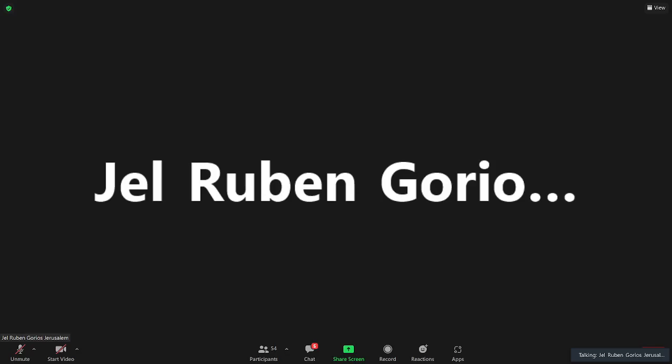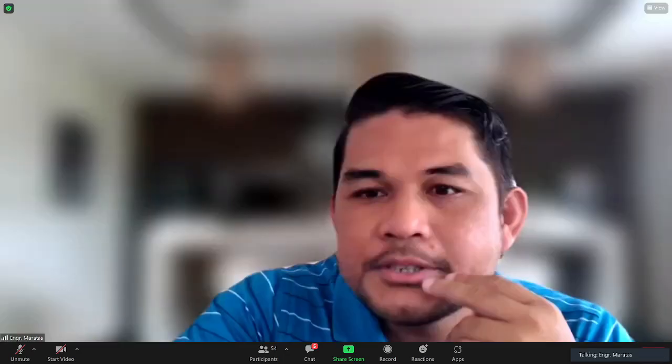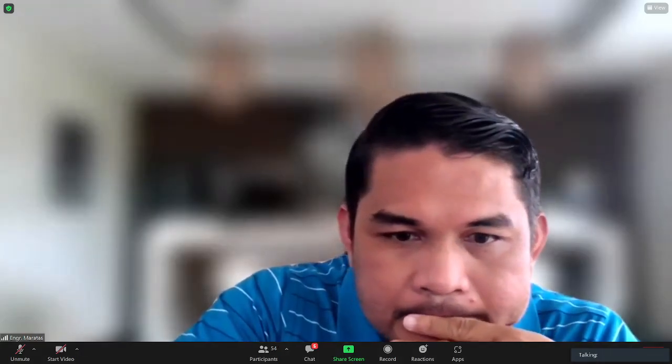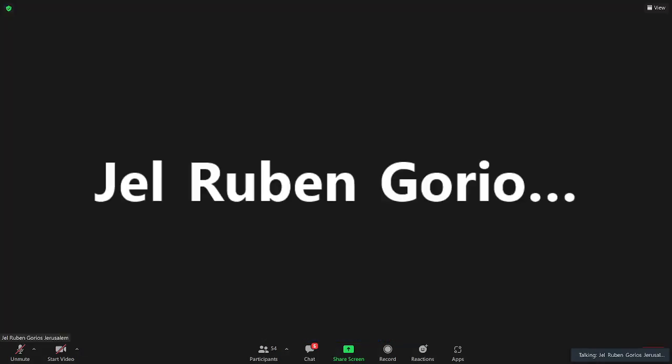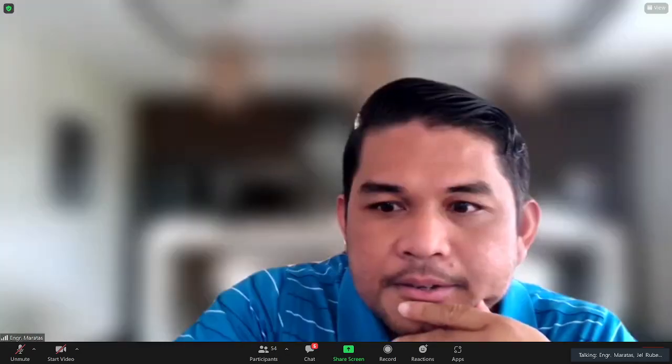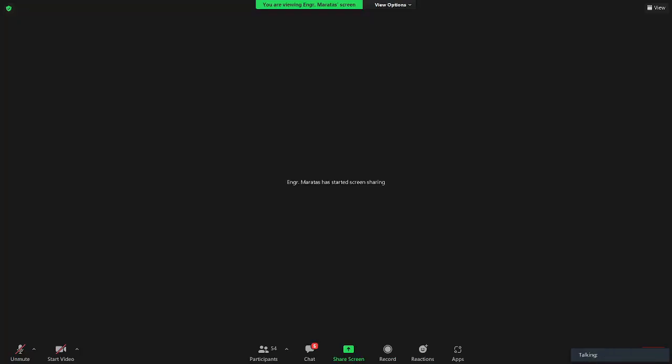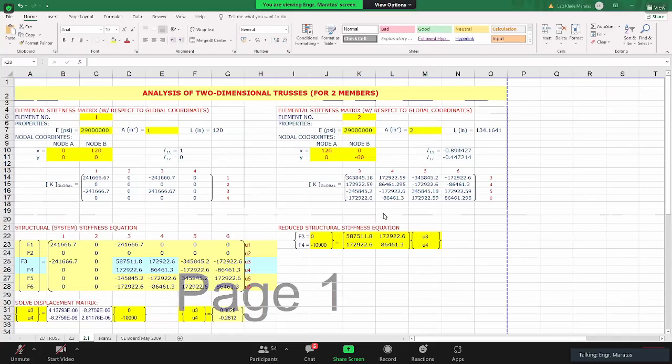There is an option before you share the screen, the entire window. Entire screen, okay. Can you see this now? Yes, sir. Then you can half-half it so the PDF can also be seen. Okay, that's good.